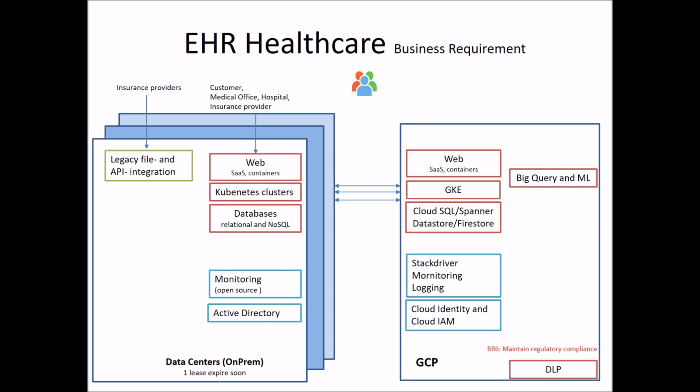Maintain the regulatory compliance. This repeats the point that I just mentioned above, that regulatory compliance is really critical in healthcare. I will spend another slide just to speak about that. For 7. Decrease infrastructure administration costs, or costs in general. Please refer to serverless products, autoscale, or using preemptible VMs.